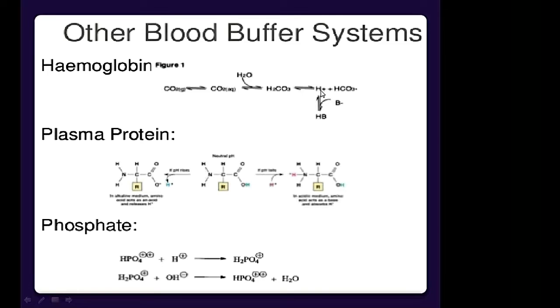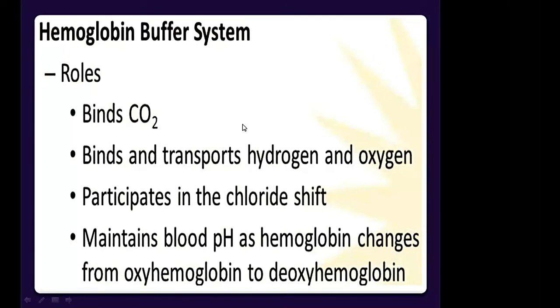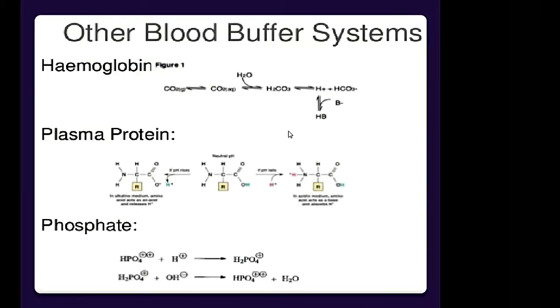This H plus ion may interact with this protein, hemoglobin, and protonated hemoglobin, HHb, is formed. In that way, this hemoglobin is going to act as a hemoglobin buffer system.